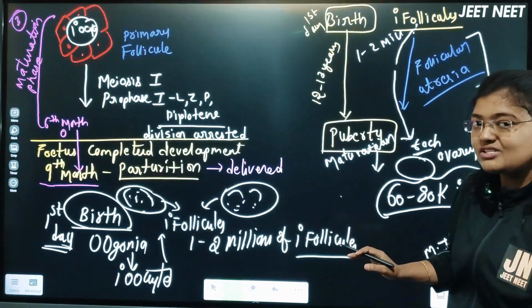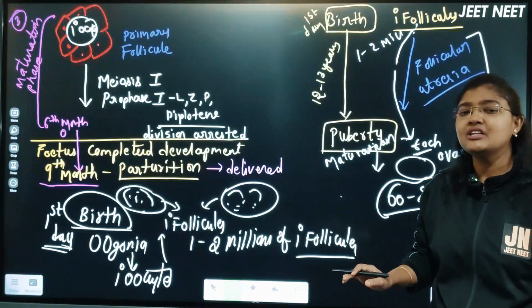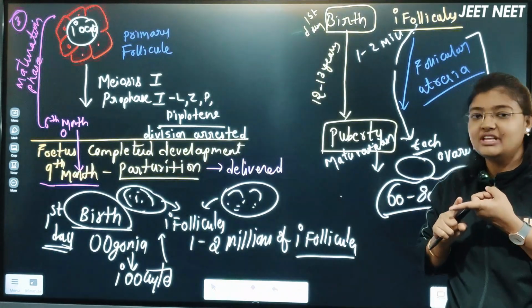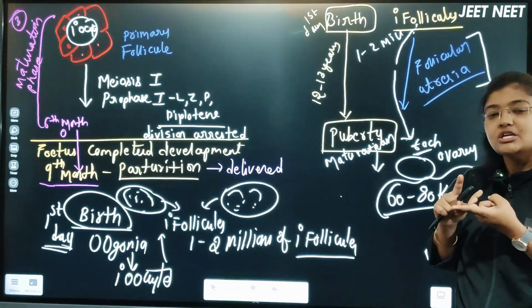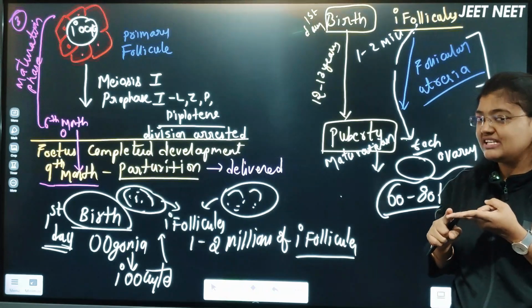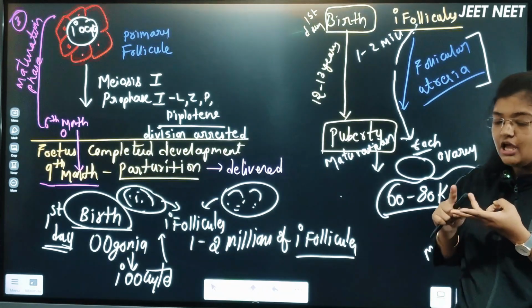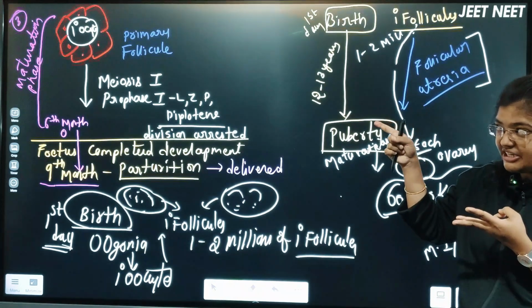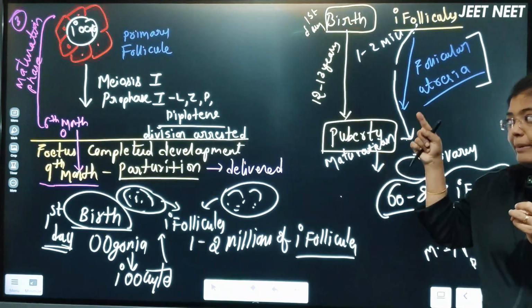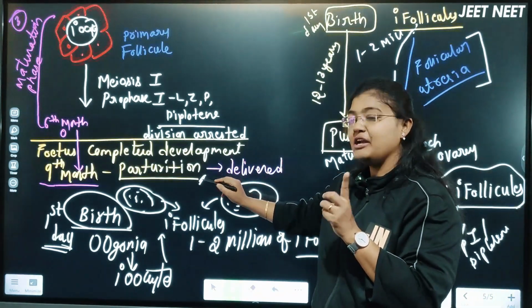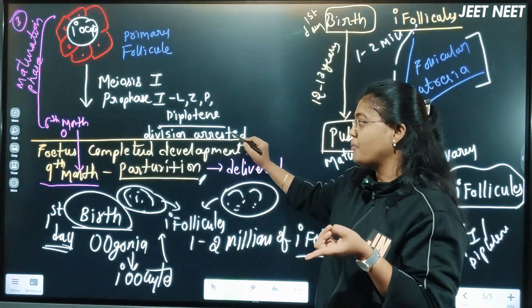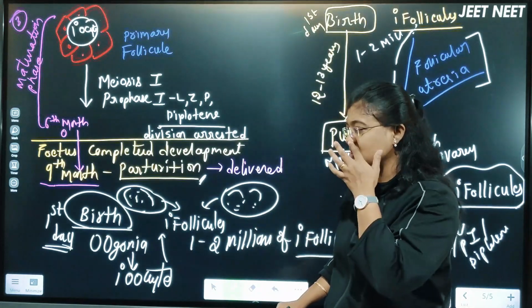When the female is developing in the mother's womb, she started the multiplication phase and completed it, started the growth phase and completed it, and started the maturation phase but did not complete it, because she completed 9 months of development in the mother's womb. She stopped, she arrested its division here.